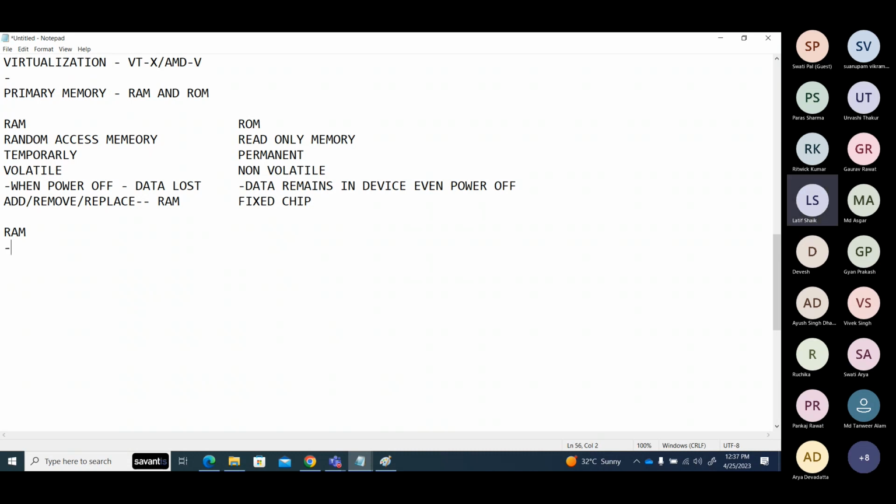Again, guys, RAM is random access memory. It stores data temporarily. It is a volatile type of memory. But in RAM we have different types: SRAM and DRAM. SRAM is used as cache memory, which is built inside the CPU.